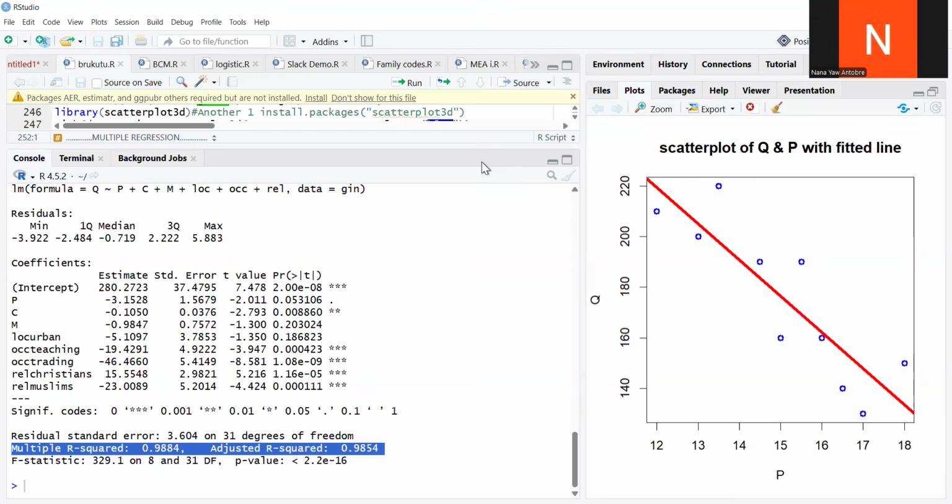The 99% means that 99% of the variation in the quantity demanded of gene bitters has been explained by all the independent variables.